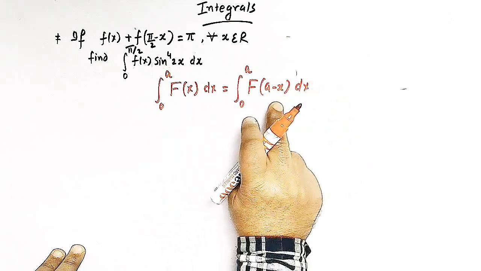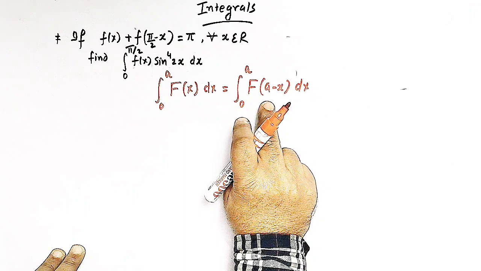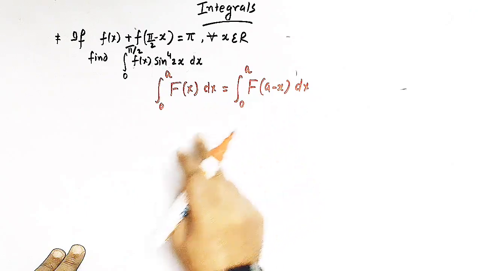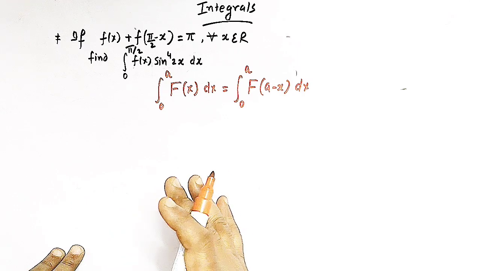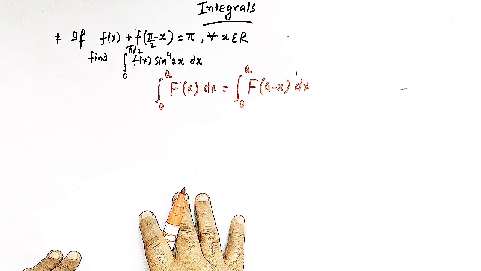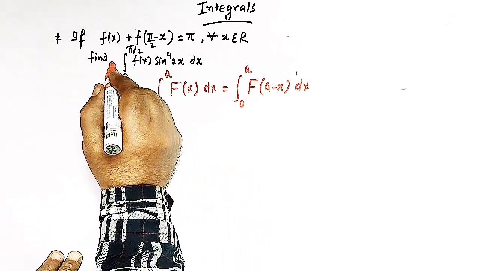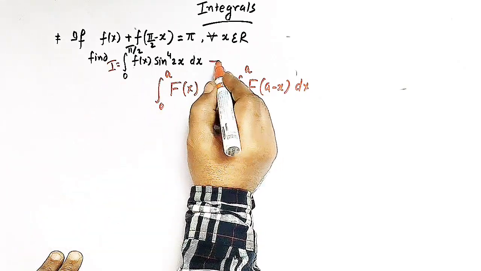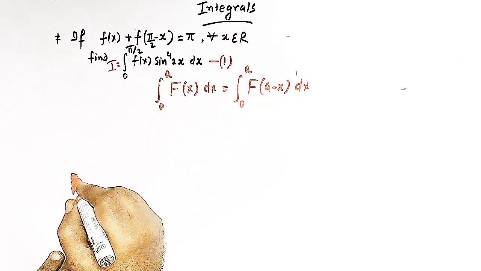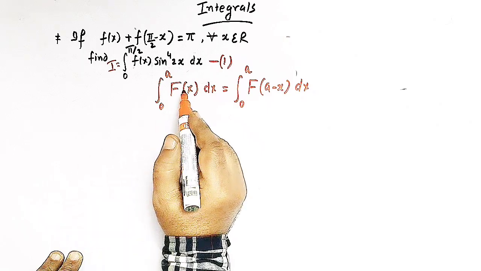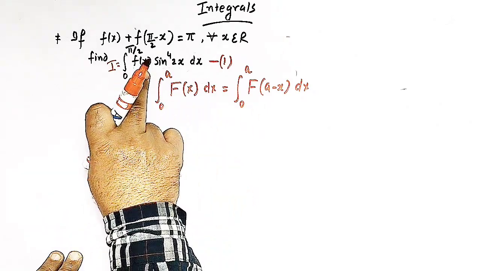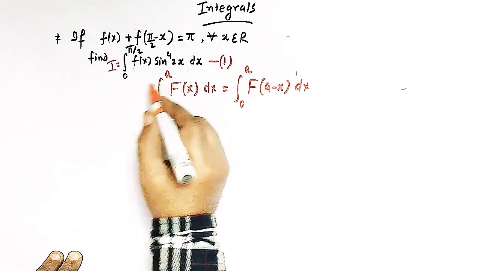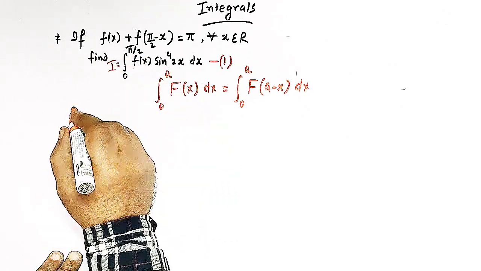So this property of definite integral is an important property, and it is used to solve a lot of definite integrals, right? So here let us first take this integral as I, and we'll take this equation as equation number 1, right? So if we compare this integral with this one, then here we have 0 to a and here we have 0 to pi by 2.